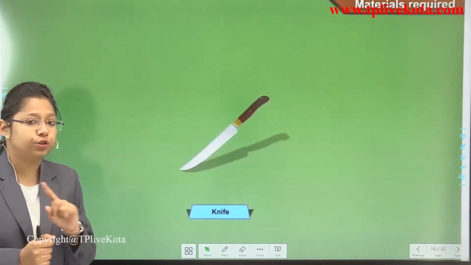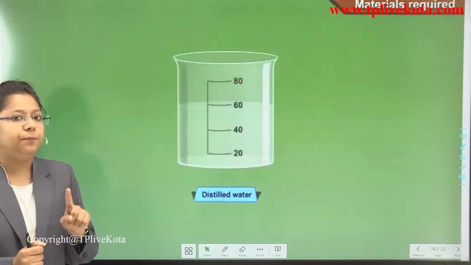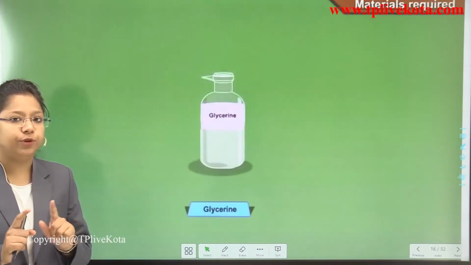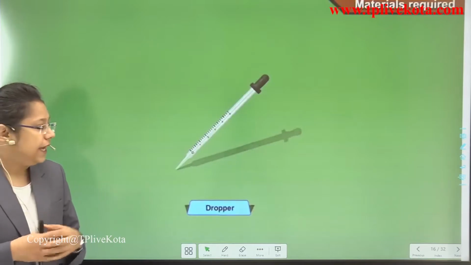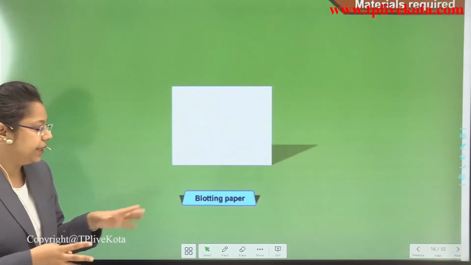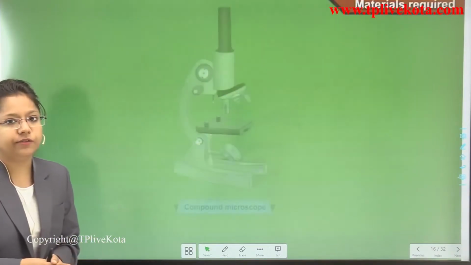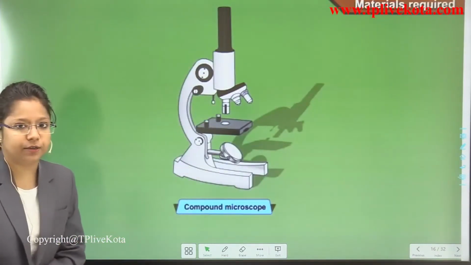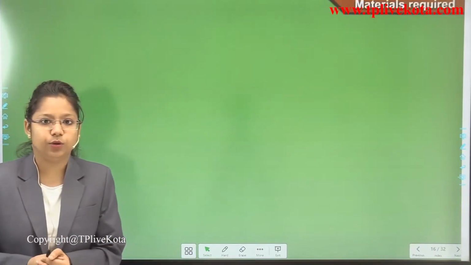I told you that you should not use your fingers for putting the cell part over the glass slide. You have to use the brush or the forceps. The glycerin, dropper, everything which I told you, every component is necessary for making a glass slide. Safranin solution for staining, and a compound microscope, the last part, is present over here. A brush is necessary, you know that.